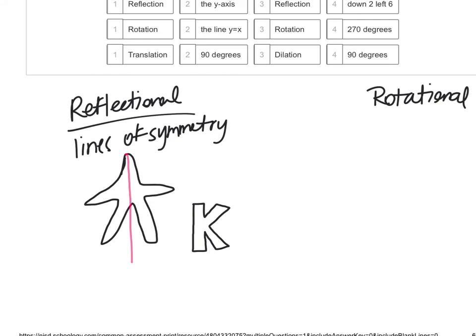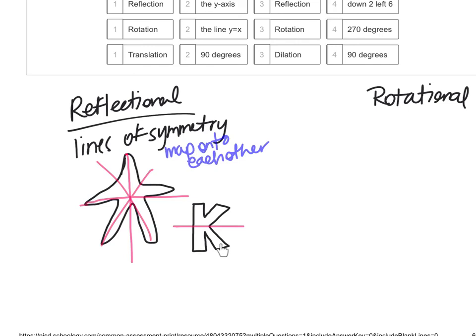So a starfish would have, technically, 5 lines of symmetry. The letter K, if you fold it horizontally in half, the top would map onto the bottom, if this was a perfect K.